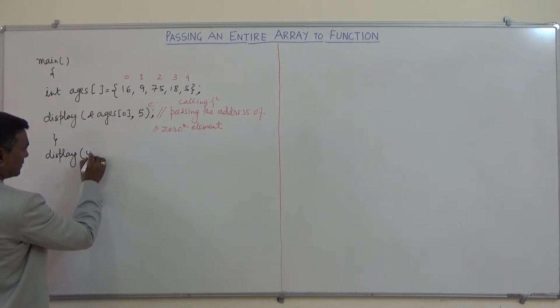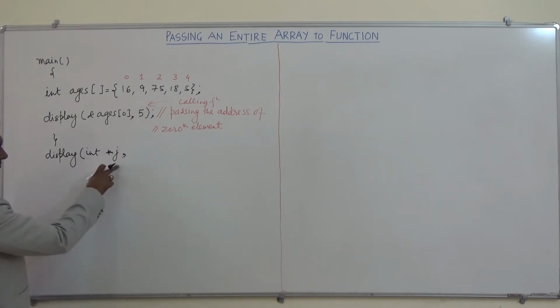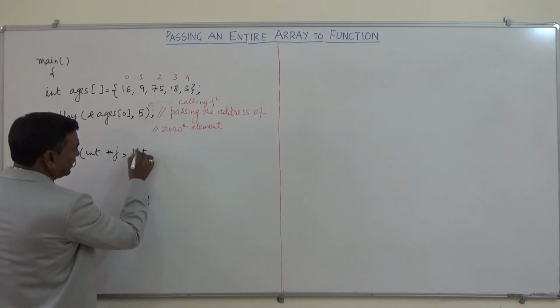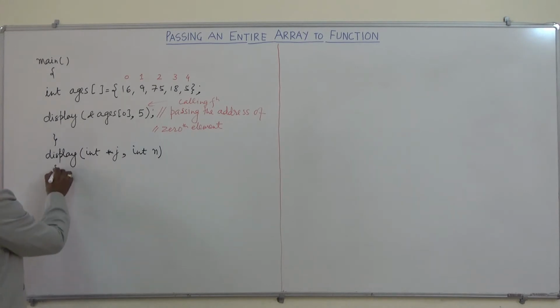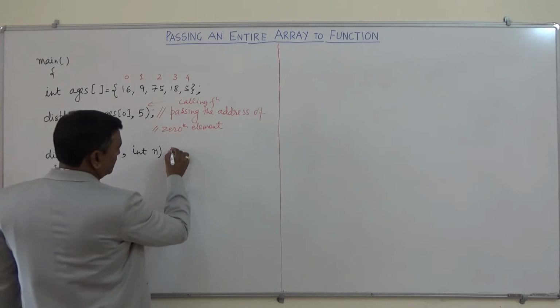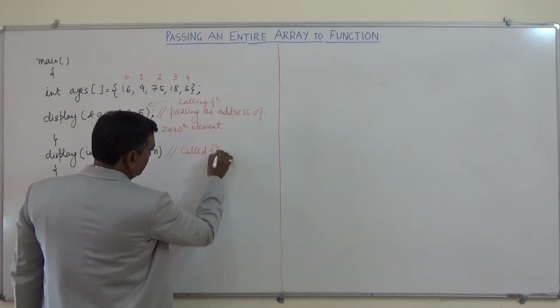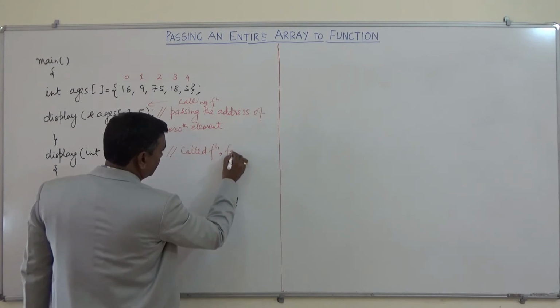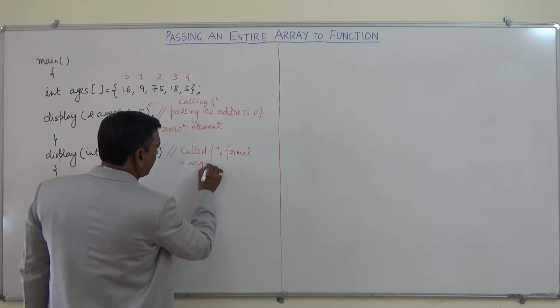One is a pointer, let us say asterisk j, so we will use a pointer j, and then int n. So these are the formal arguments, and this is the called function.